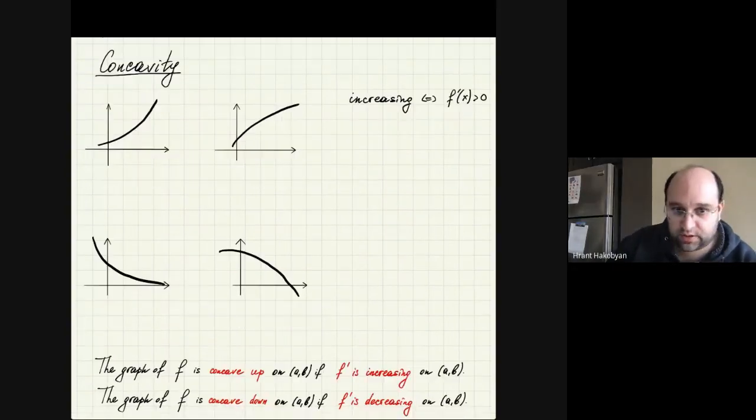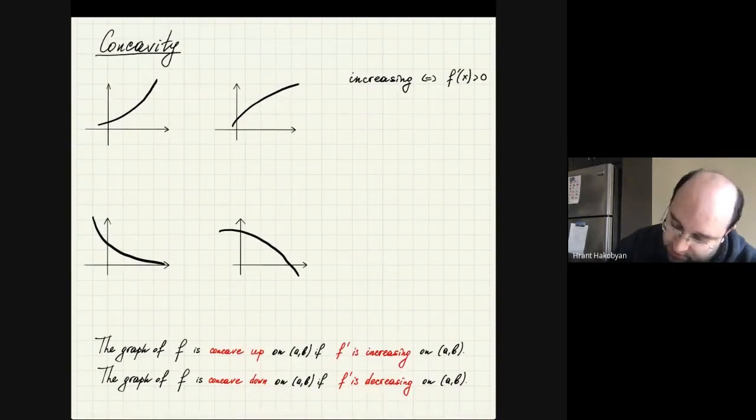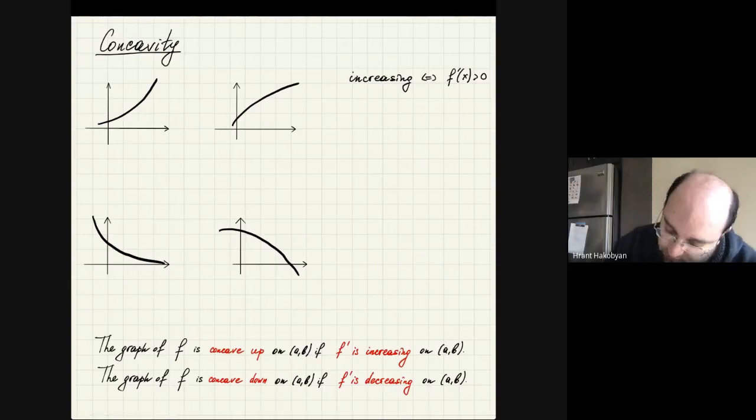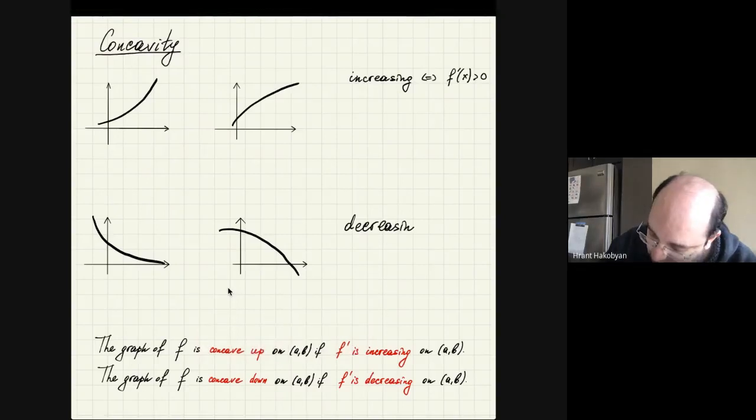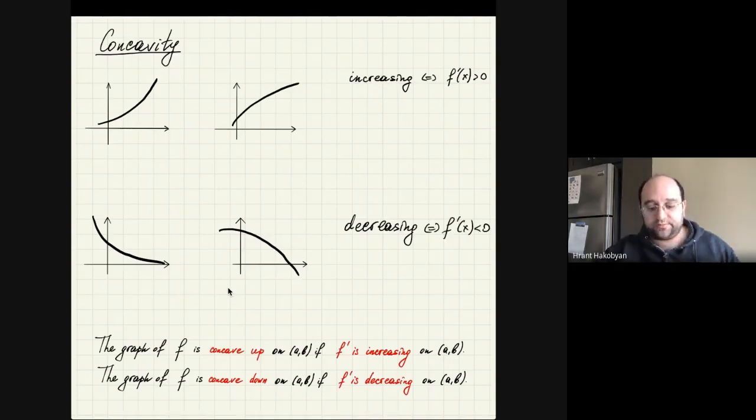So for these two functions on the top, in the first row, we have that these functions are increasing, and the bottom two functions are decreasing, which is the same as saying that the derivative is negative, right?